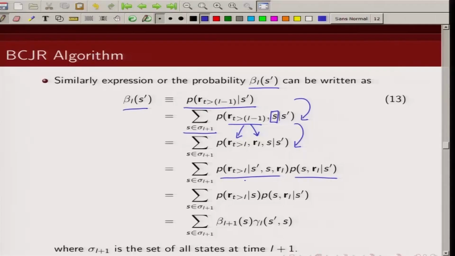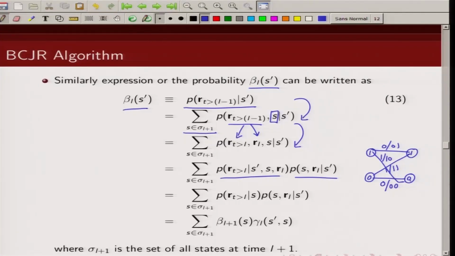And again, let us go back to our trellis section. So, 0 0 1 1 1, this is 1 1 0 and this is 0 0 1, this is state 0, this is state 1.